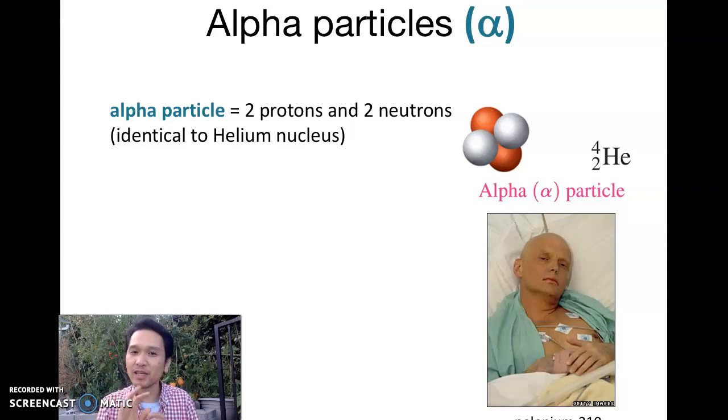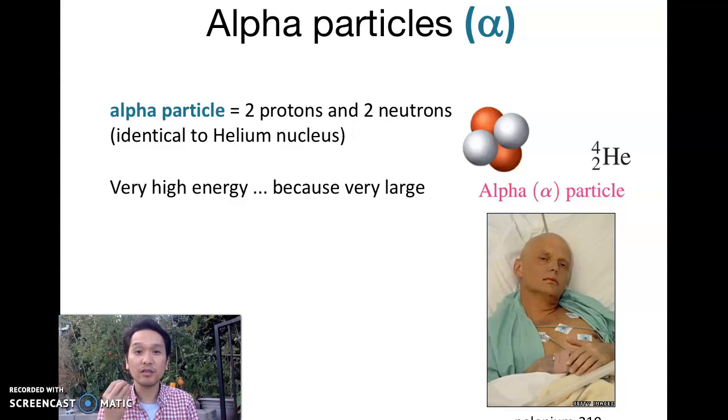So that would make an atom. In this case, it's not a helium atom. It is similar to a helium atom because it releases 2 protons and 2 neutrons without the electrons. So because it's a little bit different, we call it an alpha particle. So in essence, when that isotope breaks down, it will release a helium atom without the electrons.